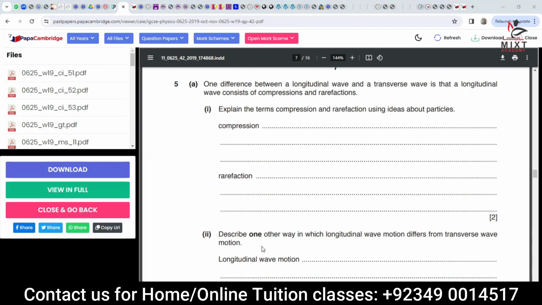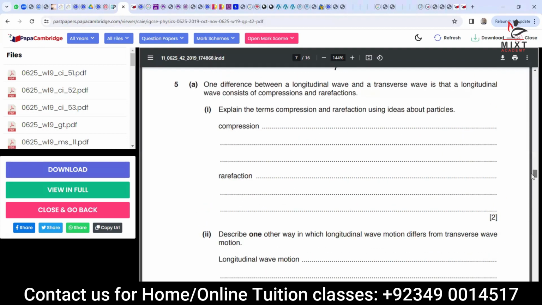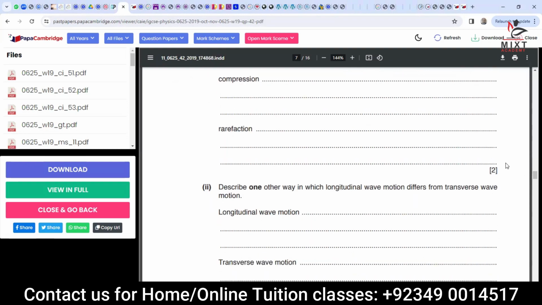Then they say describe one other way in which longitudinal wave motion differs from the transverse wave motion. So what is the difference and how? How do you define transverse waves and longitudinal wave motion, or their contrast?